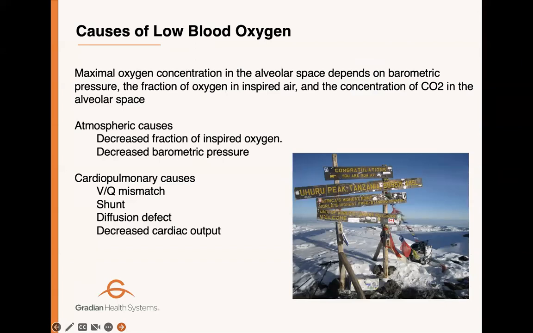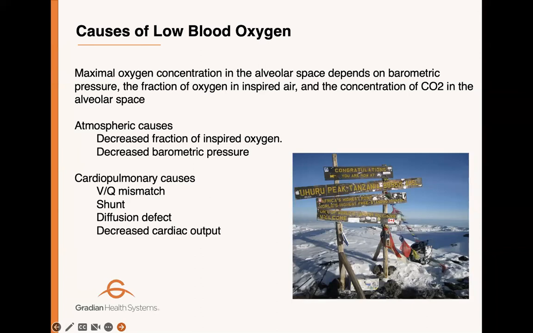So what can be the causes of low blood oxygen? The maximum oxygen concentration in the alveolar space usually depends on barometric pressure, the fraction of oxygen in the inspired air, and the concentration of carbon dioxide in the alveolar spaces. So atmospheric causes of hypoxia most of the time will be decreased fraction of inspired oxygen.